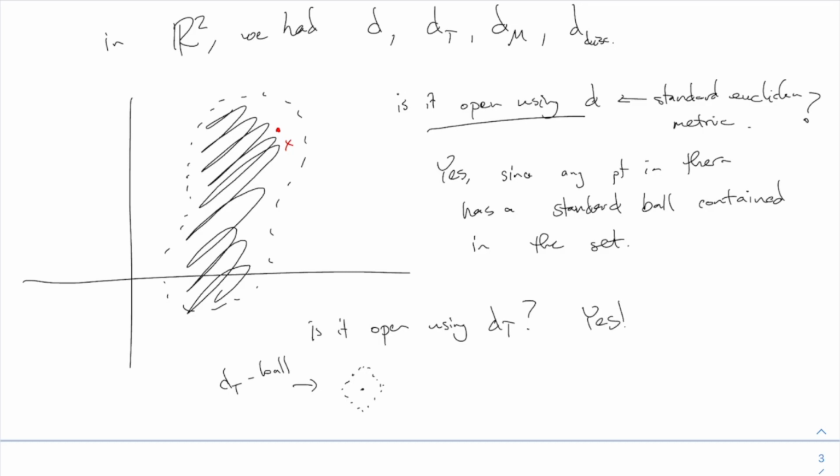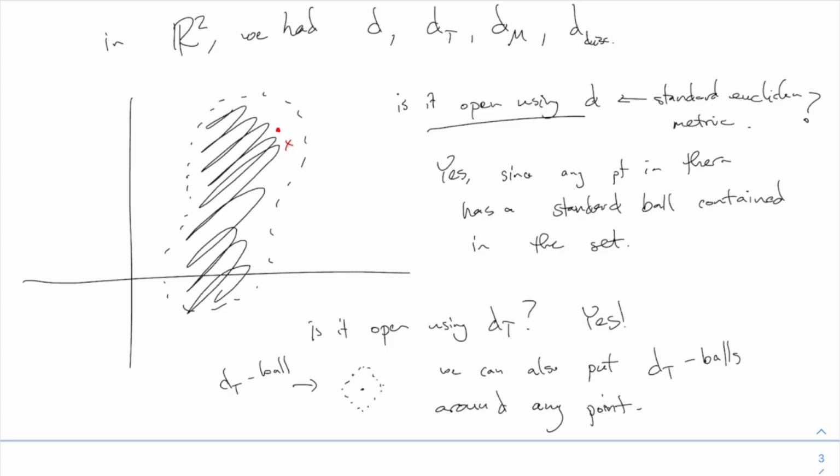Actually, when you're talking about whether a set is open, we talked about this before, it doesn't matter if you use perfectly round balls or this other kind of shape. This is a diamond-shaped ball. So here we can also put taxicab-style balls around any point. All right?